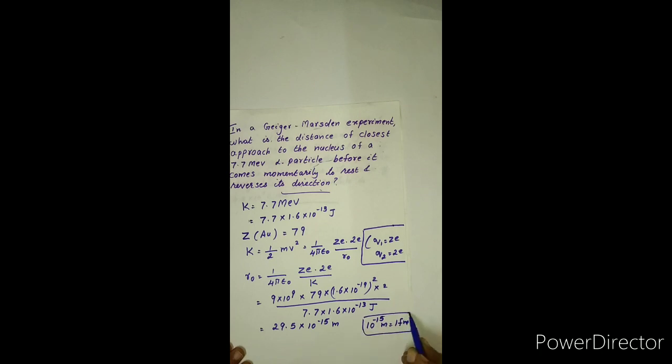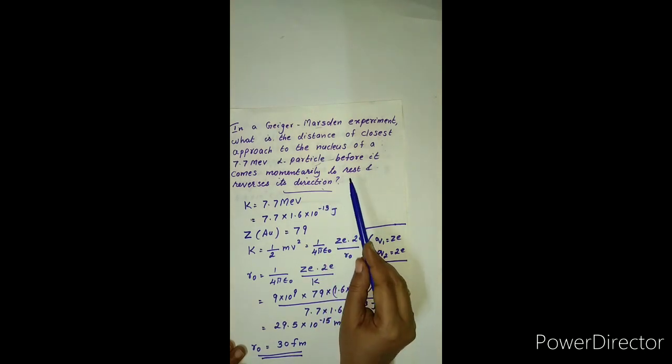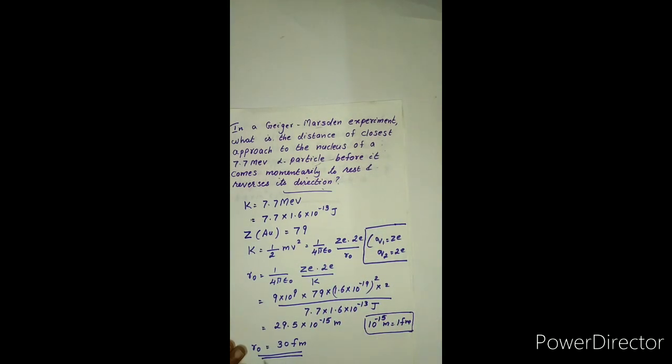So we can write the final answer R0 equal to 29.5, we can round it as 30 into 10 raised to minus 15. So we can write 30 Fermi meter. So this is the distance of closest approach of the alpha particle to the gold nucleus in this problem, that is R0 equal to 30 Fermi meter.